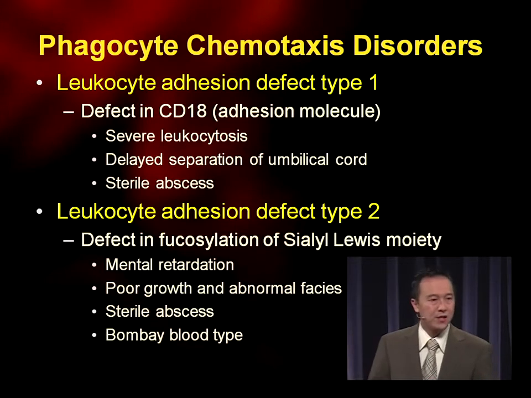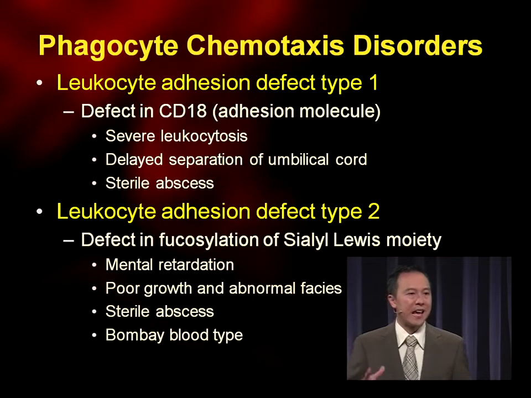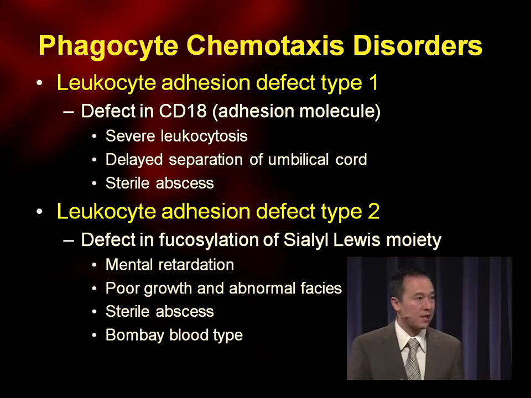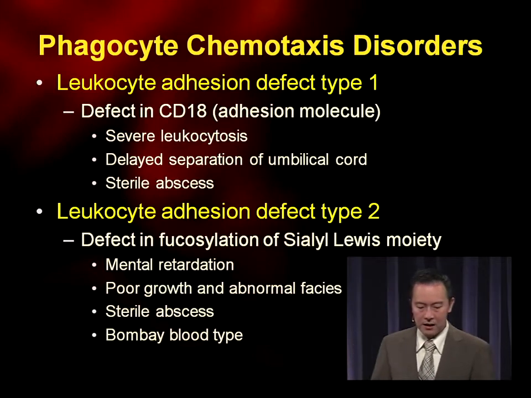So when you have this defect, the neutrophils can't go where they're supposed to go. And so you have an infection called a sterile abscess, because there are no neutrophils present, okay? You get a pronounced leukocytosis because the bone marrow senses that there's an infection present, but nothing's being done about it, so it just cranks out more and more neutrophils and leukocytes, okay?